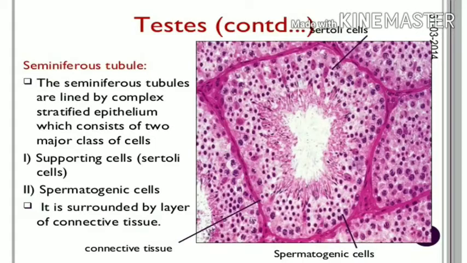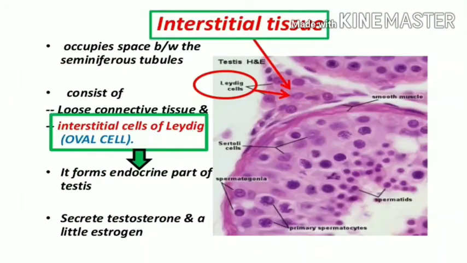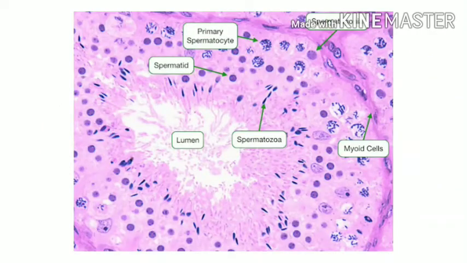The spermatogenic cells give rise to sperms and are of the following types.